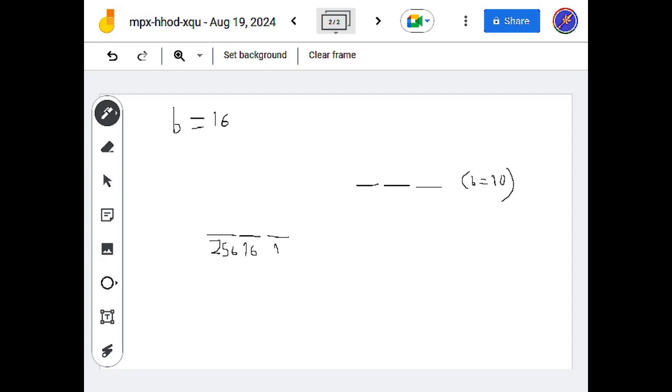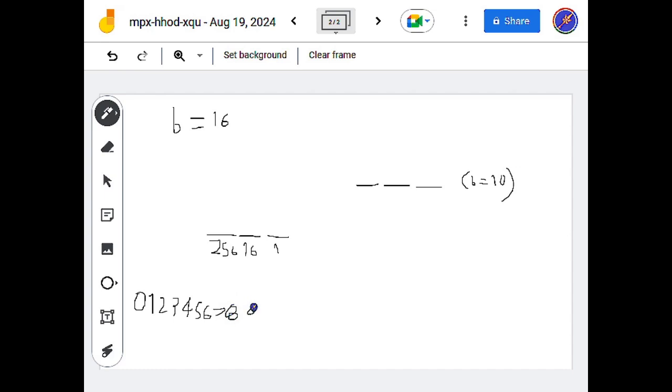In each of these individual places here, you can have a 0, a 1, a 2, 3, 4, 5, 6, 7, 8, 9.